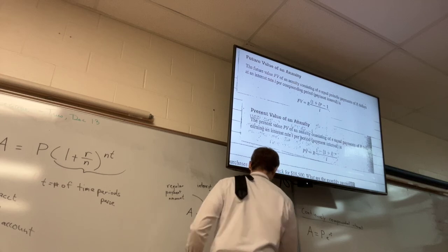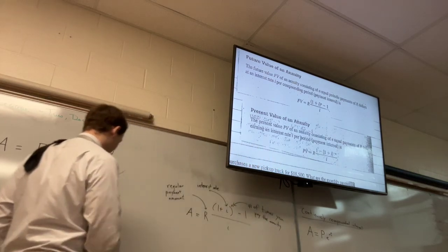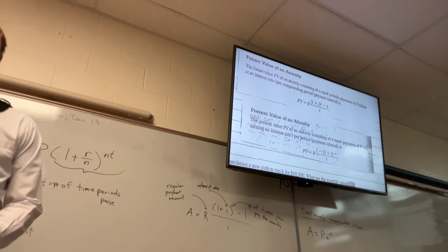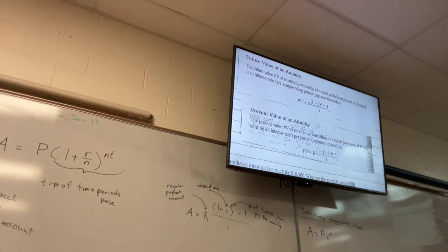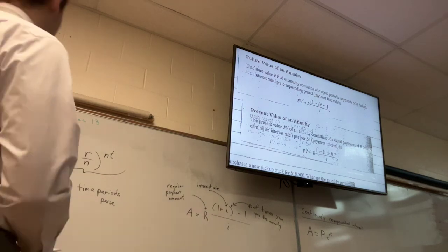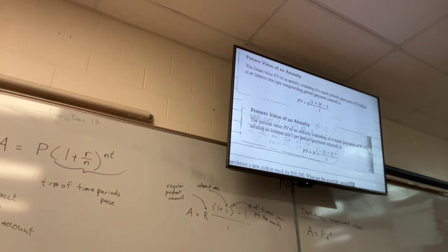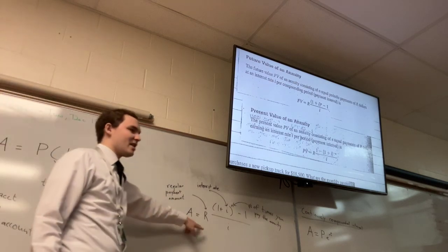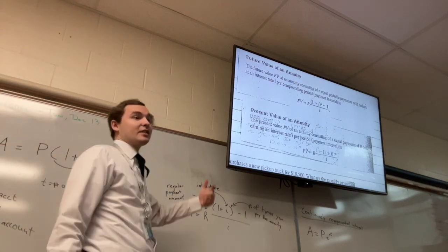So an annuity is a little different from the problems we've been talking about today, right? In those problems, you put in a principal and then you just let it grow. This one, you're making regular payments. So this would be like a retirement account.